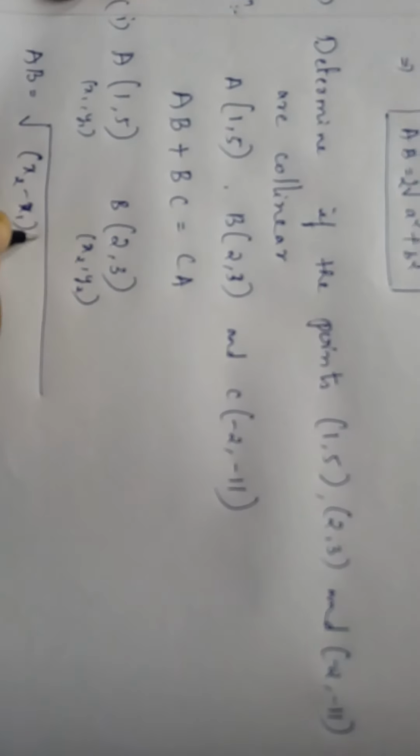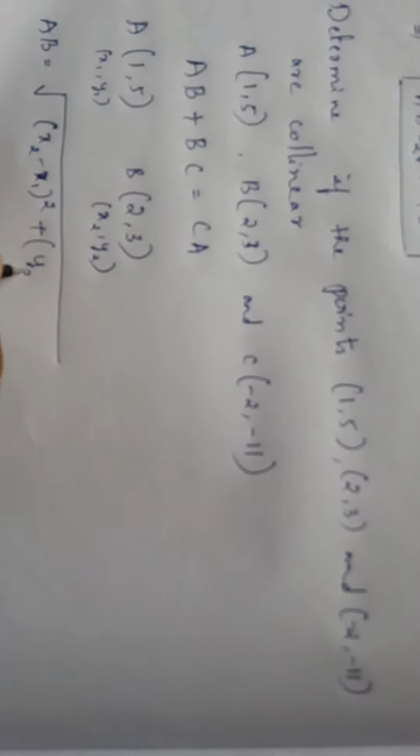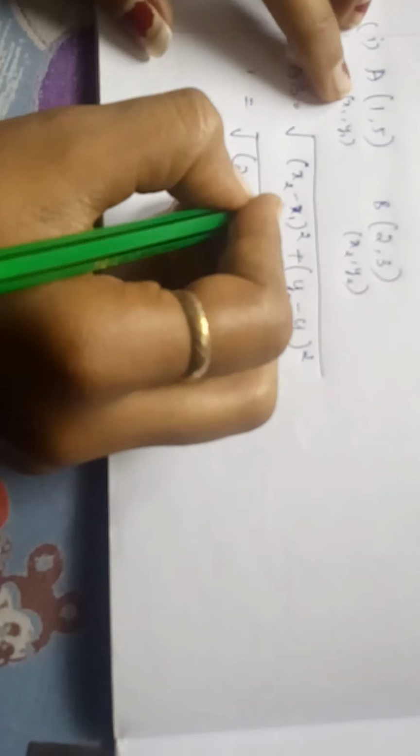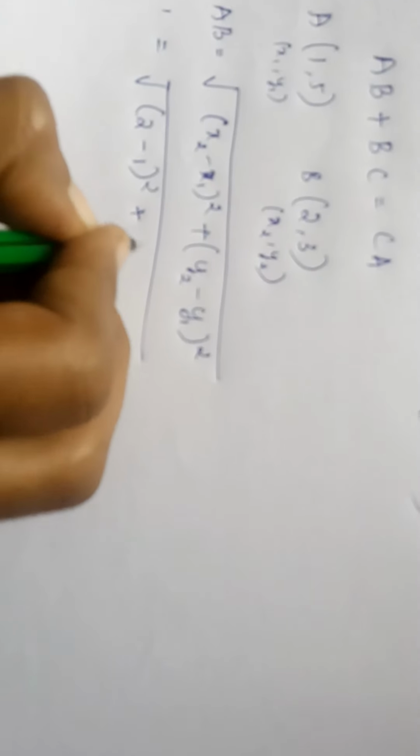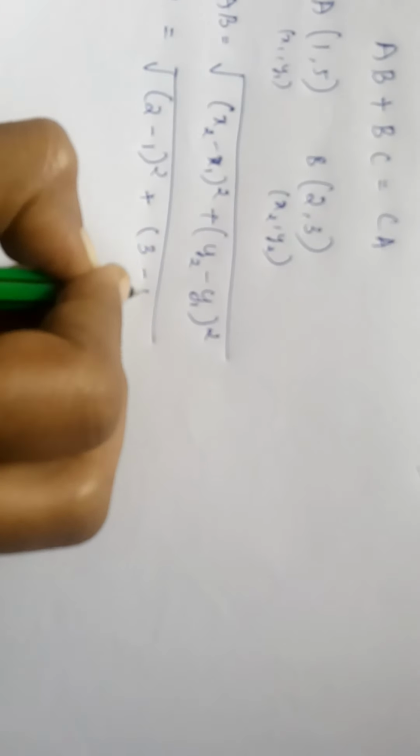AB is equal to, consider the distance formula, square root of (x2 minus x1) whole square plus (y2 minus y1) whole square. Here x2 is 2 minus x1 which is 1, y2 is 3 minus 5 whole square.